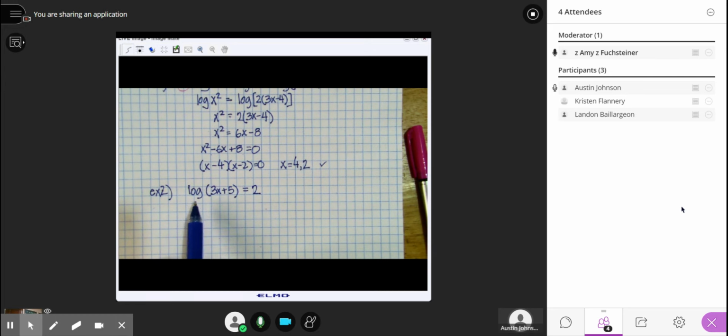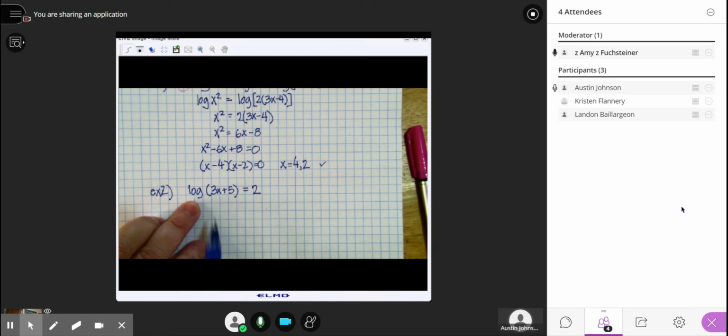Now, this one is new to us because I don't have a log on both sides. I have a log on the left side, but not on the right side. There's a couple of different things here. We can use our definition of a logarithm.